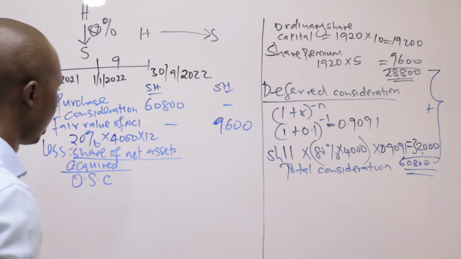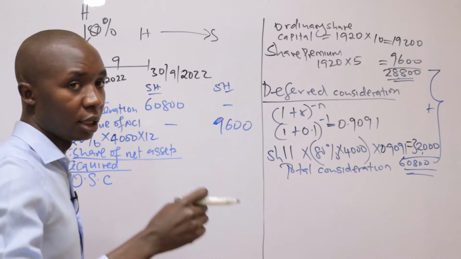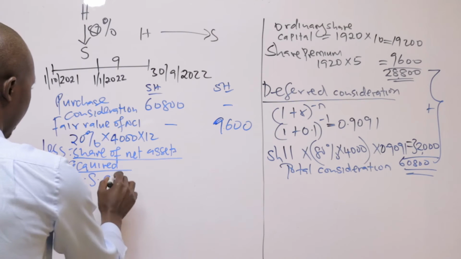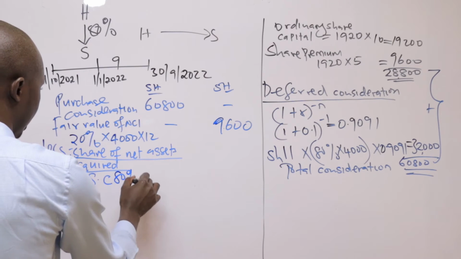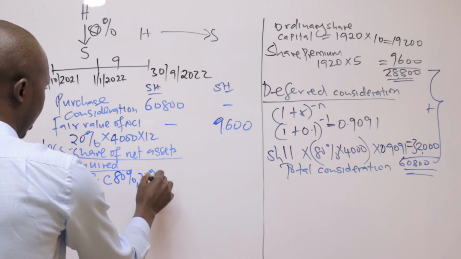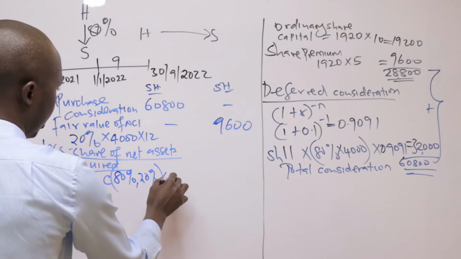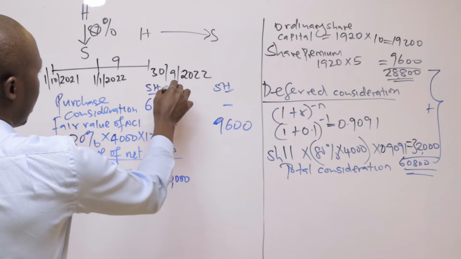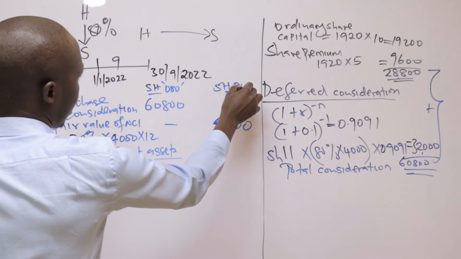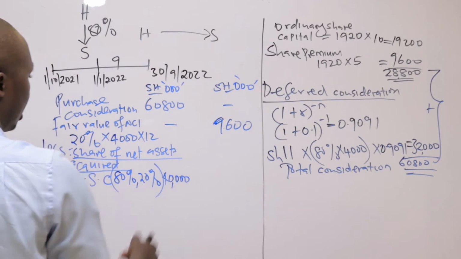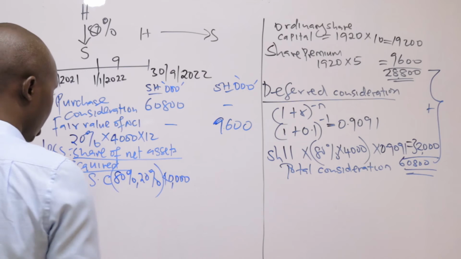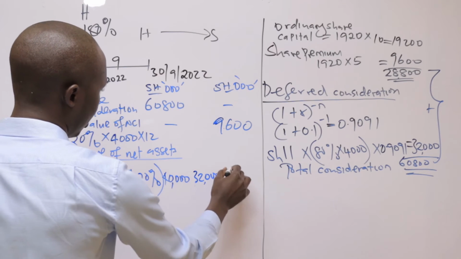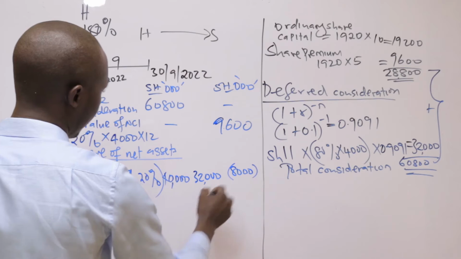But now we have to make it in value by multiplying the par value of 10. Remember that this is in thousands. So 4,000 times 10 is 40,000. So 80% will be 32,000, and the 20% that goes to the NCI will be 8,000.